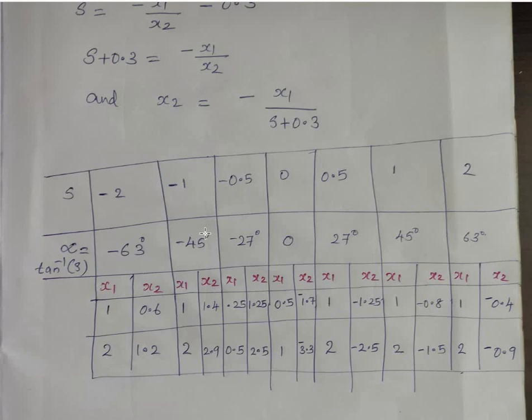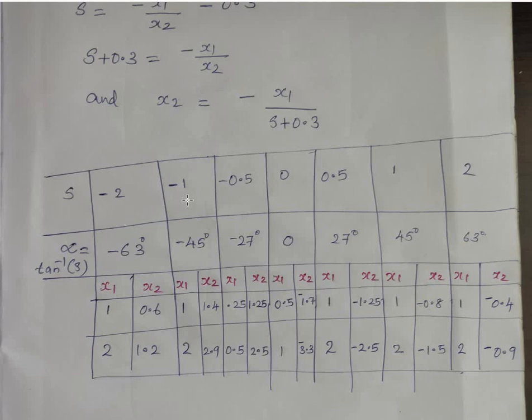Repeat this step for different values of s. That is, I have to take different values of x1, x2. When s is equal to minus 1, then s is equal to minus 0.5, etc. Why am I taking these? These are different isoplanes. At these slopes, I am plotting isoplanes.